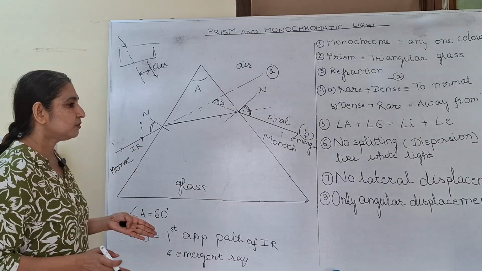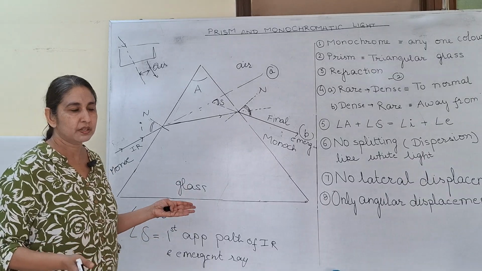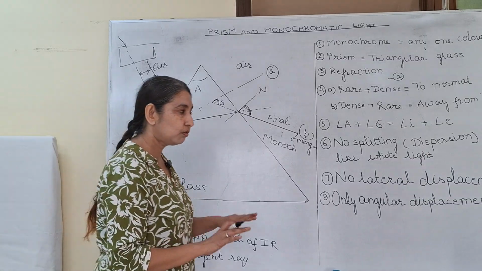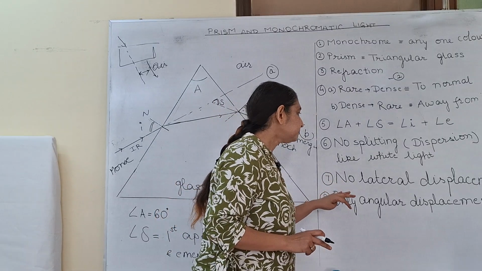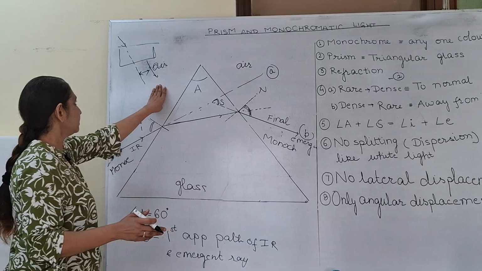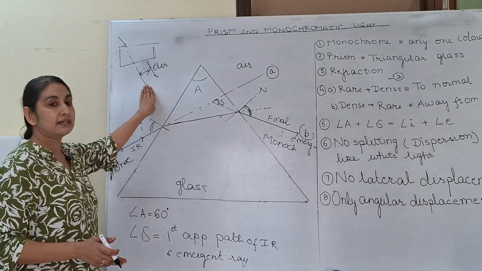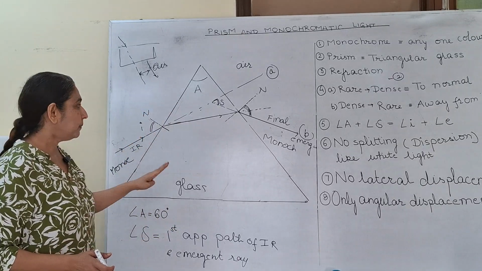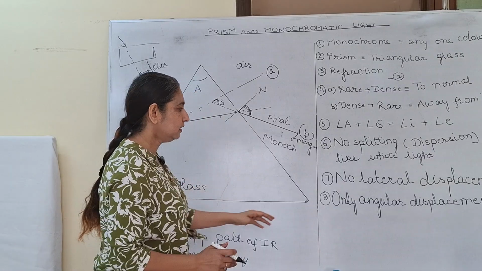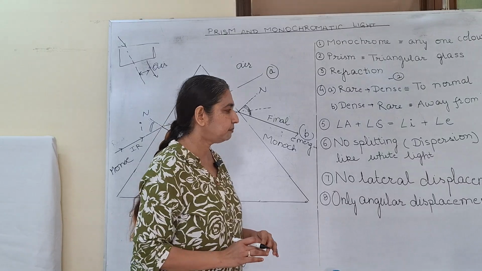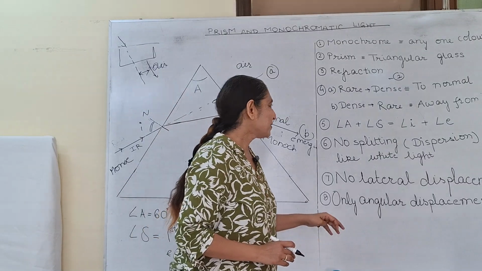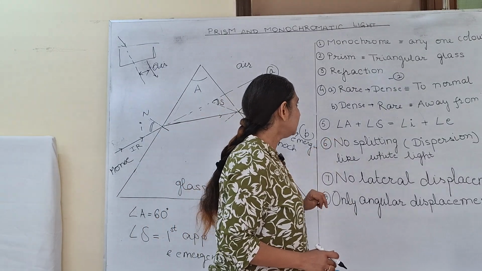When it is only one color, what will split? So there is no dispersion, there is no splitting, please, in monochromatic. Now like I said, no lateral displacement. The rays are not parallel, but they are at an angle, and that's why it is called angular displacement.